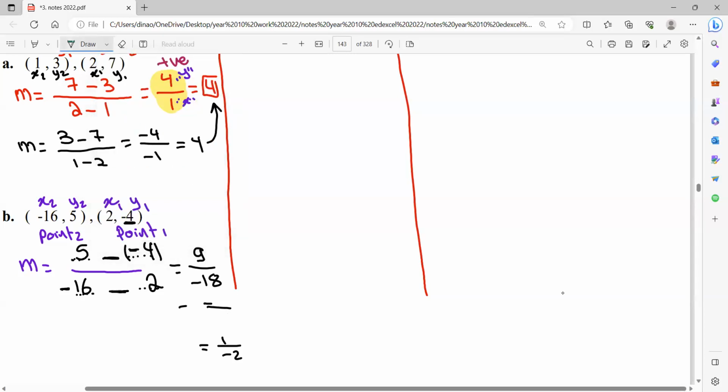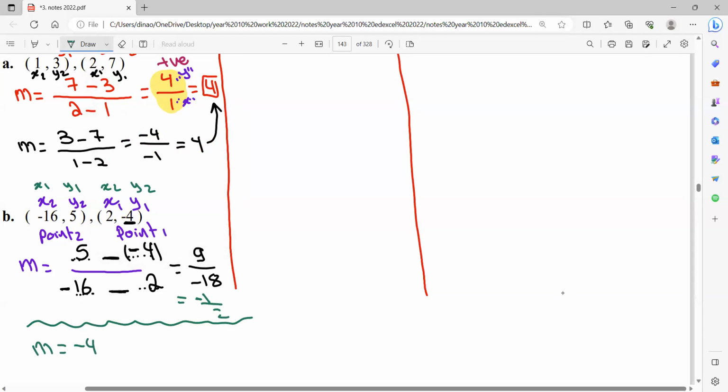Now, what if, Miss, just to confirm the information before we move on to the second rule, what if I decided to name this as x1 y1 and this as x2 y2? Will I get the same answer? Definitely I will get the same answer.